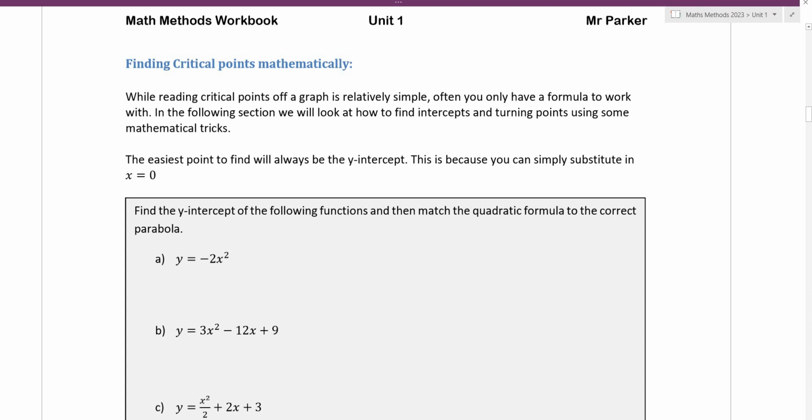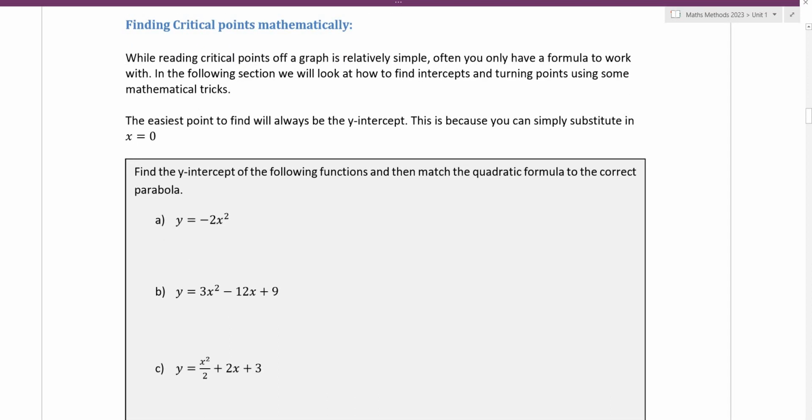That's it. So, to find the y-intercept for these, we just want to sub 0 into the rules. So, y equals -2, 0 squared equals 0. Therefore, y-intercept at 0, 0.